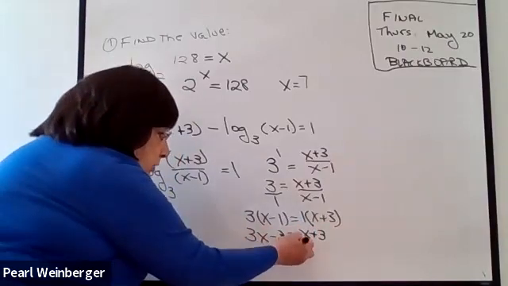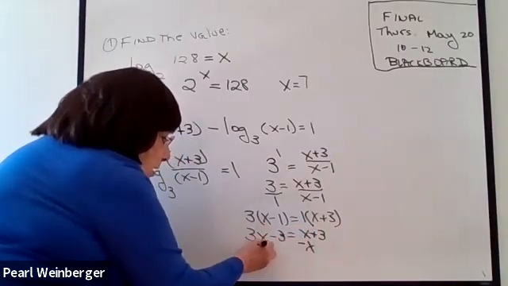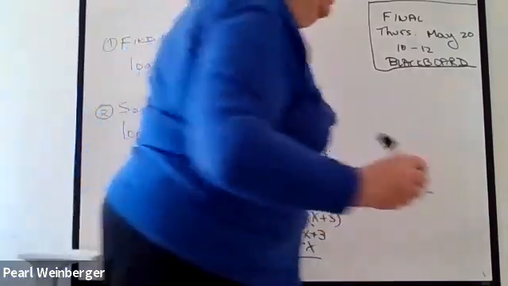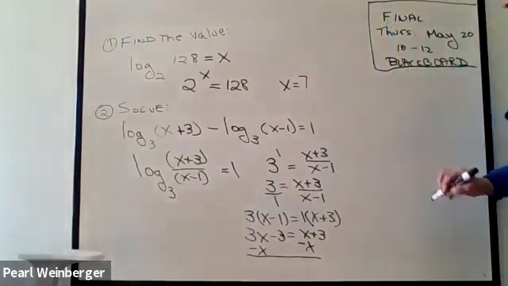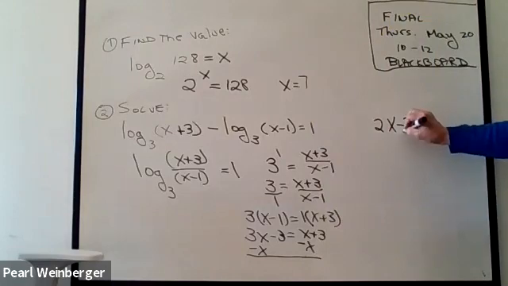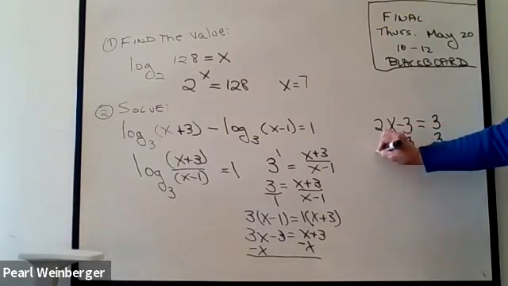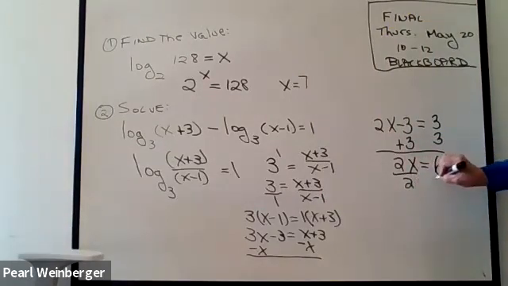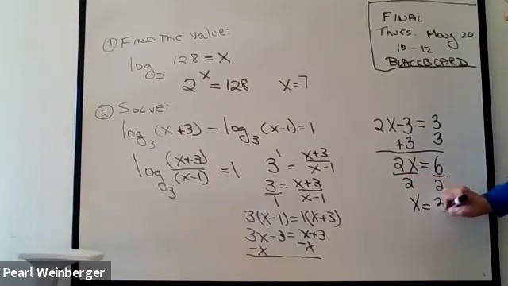And I'm going to subtract x from both sides, which will give me 2x minus 3 equals 3. And then, of course, this is just a regular linear equation, 2x equals 6. So I get that my answer for x is 3.